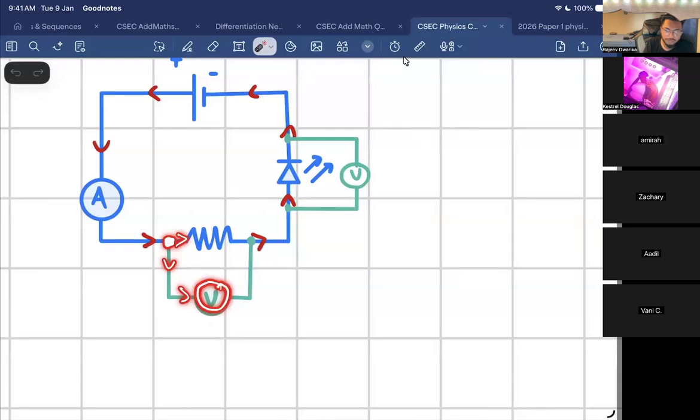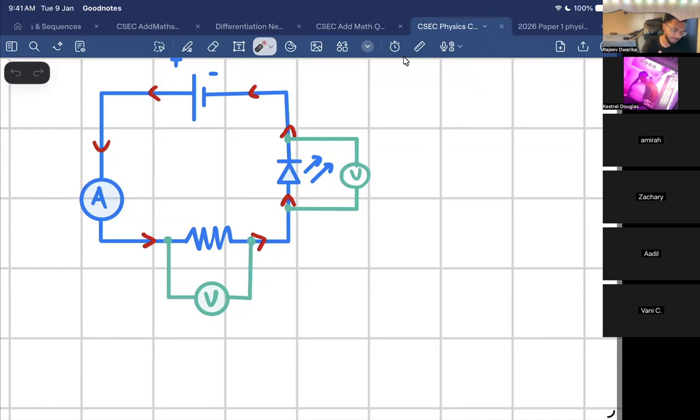No. If I don't want the voltmeter to be taking up any current from the circuit, I want what type of resistance? High resistance. So it will not do what to the circuit? It will not affect it or take up any current.